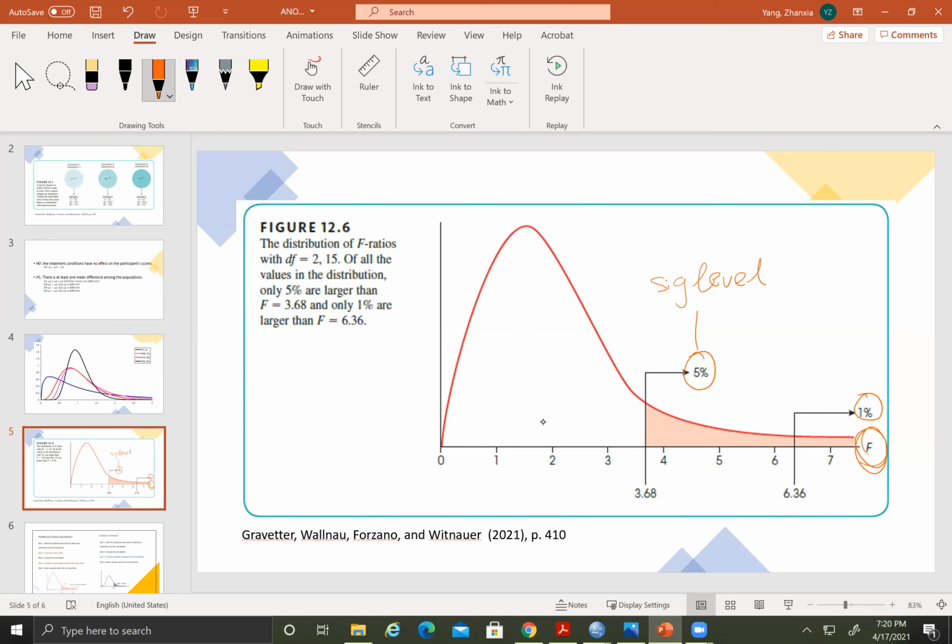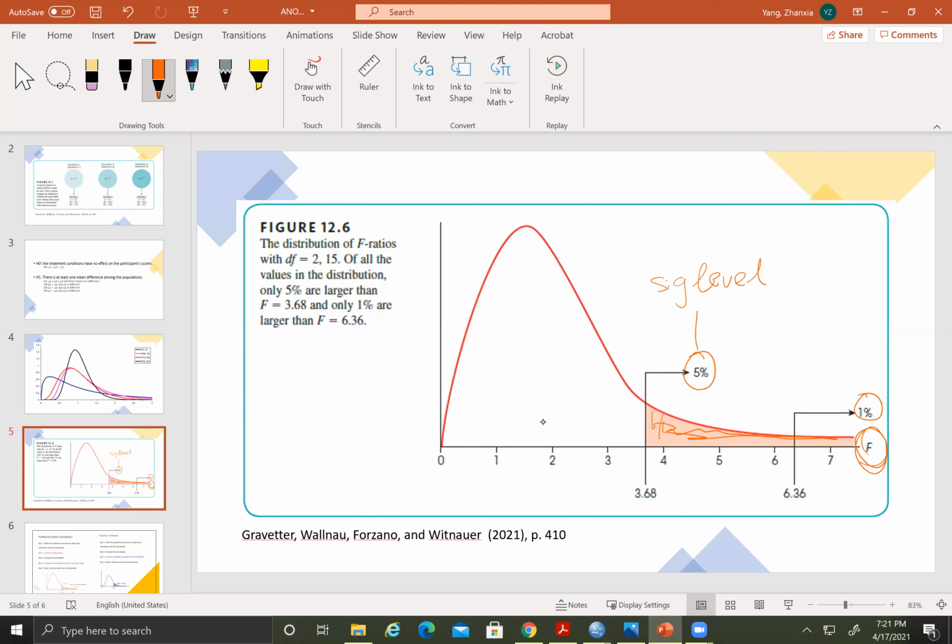It means that this whole area shaded here, if we calculate with the integral, we will find out is exactly 0.05, because the whole area under this curve is 1, which is a probability of 100%. Then this little part is 5% here.